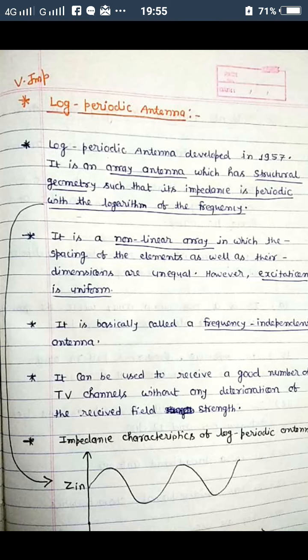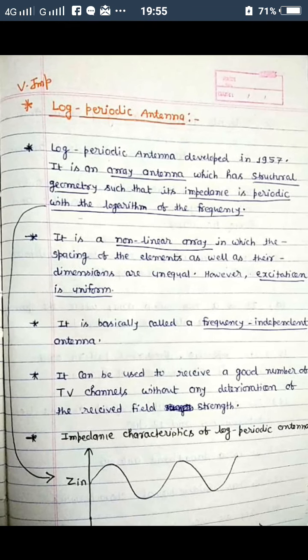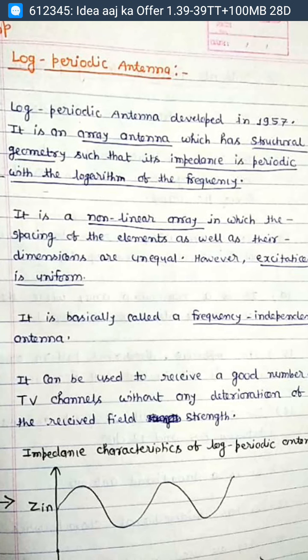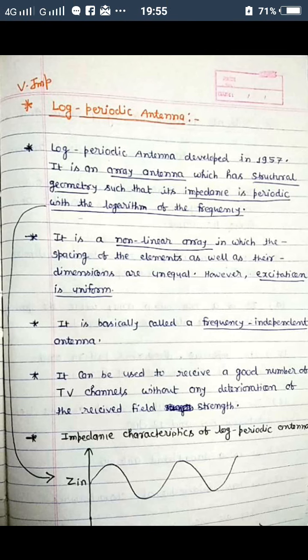I have taken this image. In the x-axis there is log f. You can see this is the input impedance, and the input impedance is periodic with respect to the logarithm of the frequency.